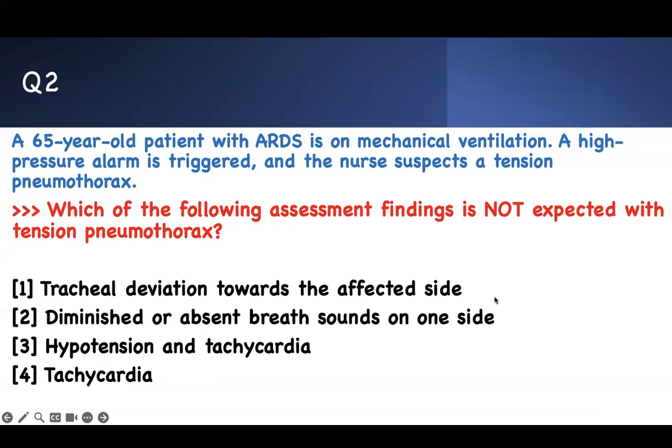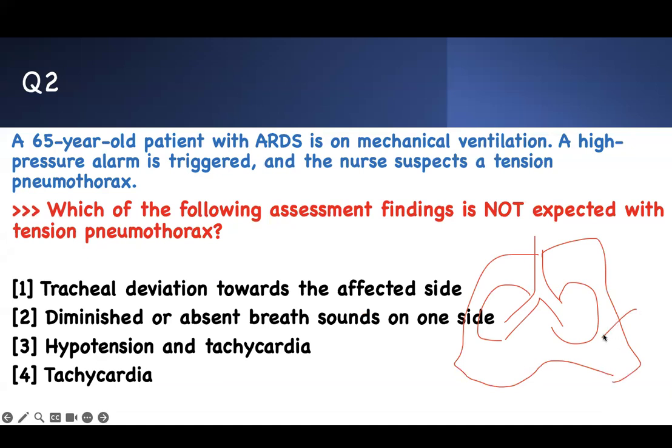Which one is not expected? If this is your airway and this is your lung and this is your chest wall, in tension pneumothorax, if there is air here, the air fills the lung space, pushes on the lung, and causes tracheal deviation away from where the trauma is, not towards.